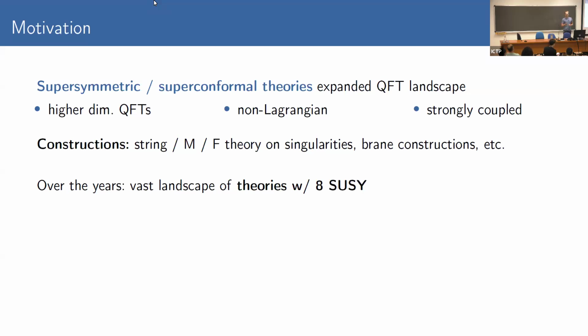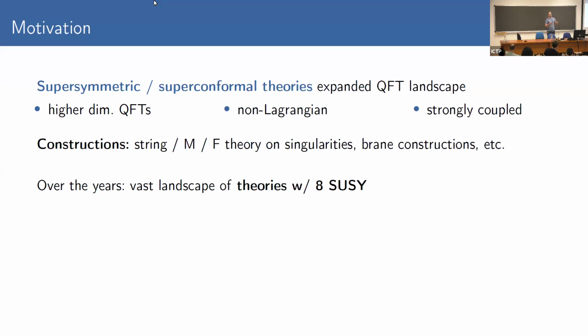What I like is that I focus on theories with 8 supercharges, so N=2, as we, for instance, heard from Antoine, is a very nice playground because that's enough supersymmetry to have exact computations, but still low enough to be non-trivial.